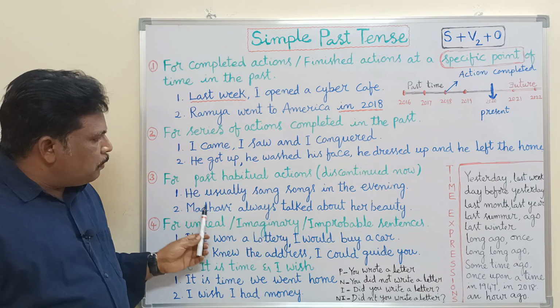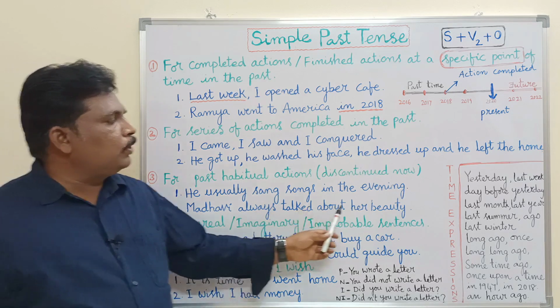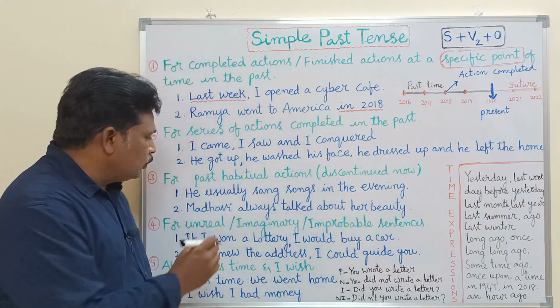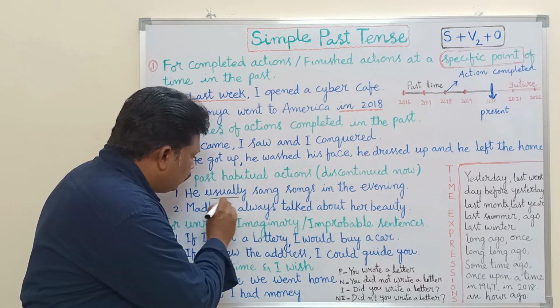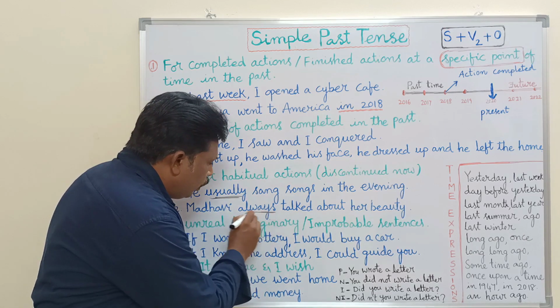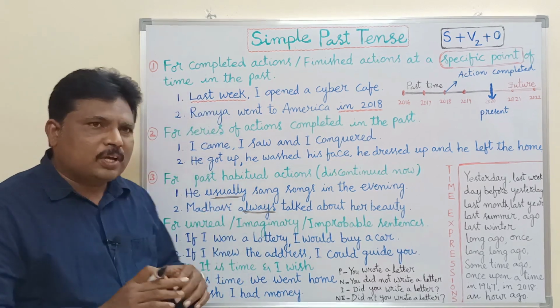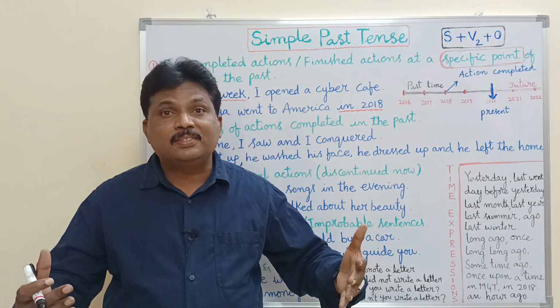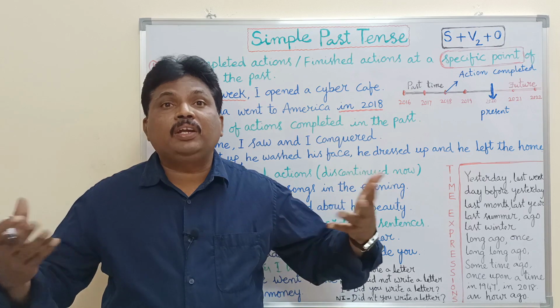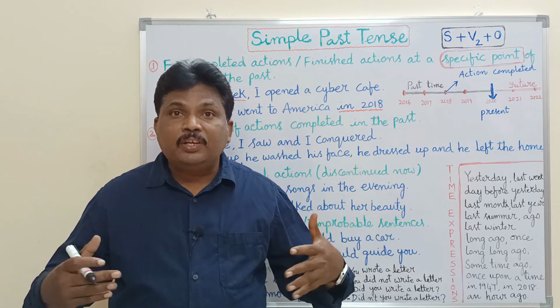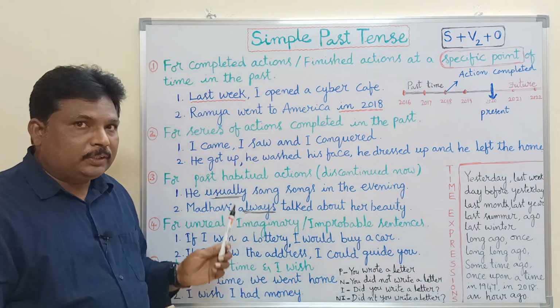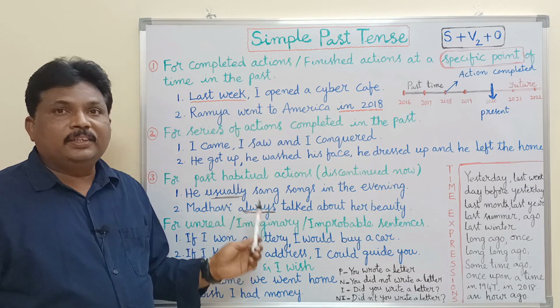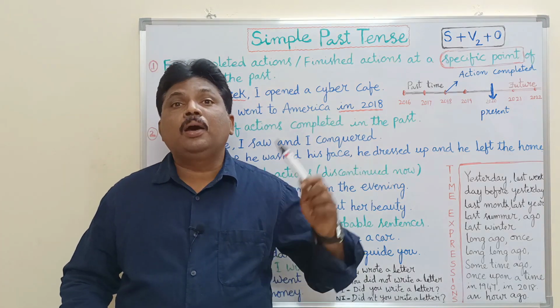And second example, Madhavi always talked about her beauty. Here are other words that indicate a past habit: usually, always. These words are used to make the listeners understand that this is a frequent action in the past.